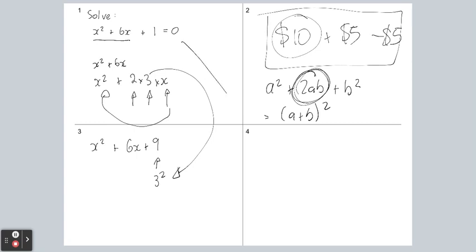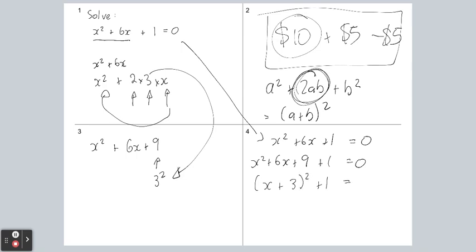So going back to the original problem then, x squared plus 6x plus 1 is equal to 0. I complete the square by adding what I need to add in. I've stuffed up somewhere with my example. Then, no, I haven't. Then I can factorize this bit. Thank you. I knew I'd done something wrong.